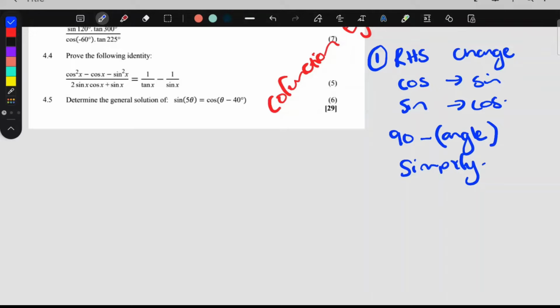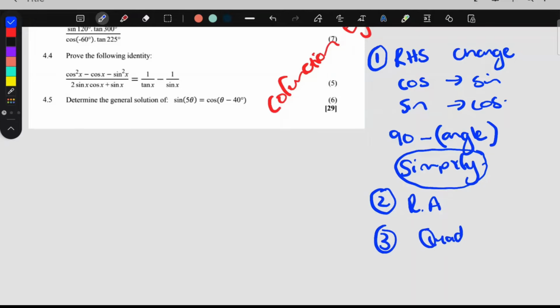Okay, so that's step number 1. Step number 2 is we don't use our calculator to find the reference angle. This simplified version over there, that whatever you get there is your reference angle. And then you choose your quadrants and you do your solutions. And you must remember, k is an element of an integer.